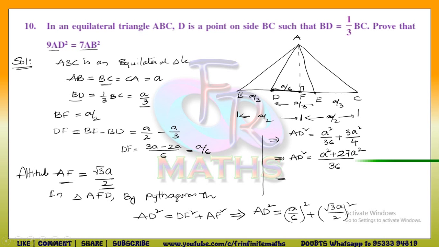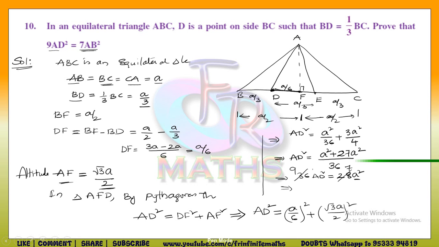Now on cross multiplying, this becomes 36 AD square is equal to A square plus 27 A square, which is nothing but 28 A square. Now already you know A square, so A I can write as either AB or BC or CA. So I can replace this A square with AB, since I need AB. Here 36 and 28 can be cancelled in 4 tables, so this goes 9 times, this goes 7 times.